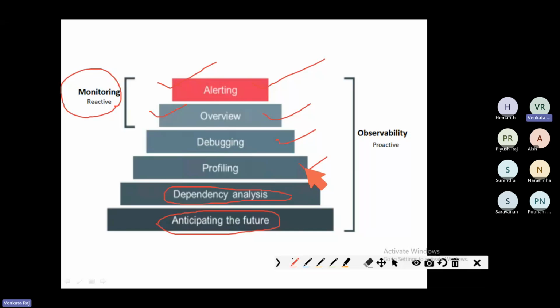Similarly, in the observability tools, when I select any particular transaction which the user has performed, I can know what all the SQLs executed were, and in addition, how much time each SQL has taken. Are you getting me? So that is basically our profiling.